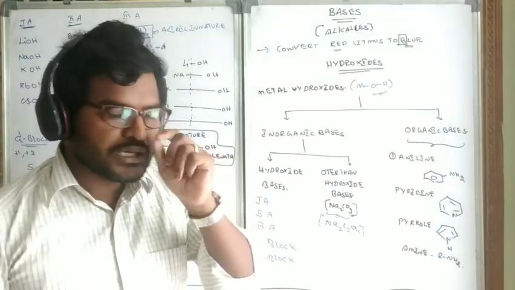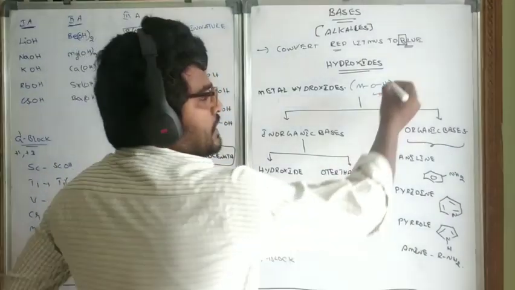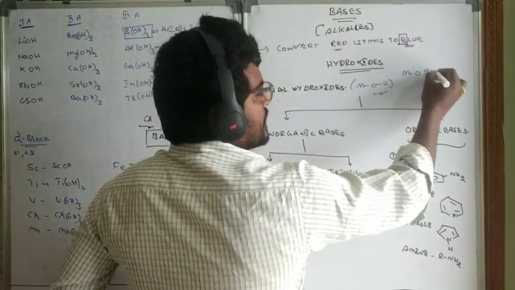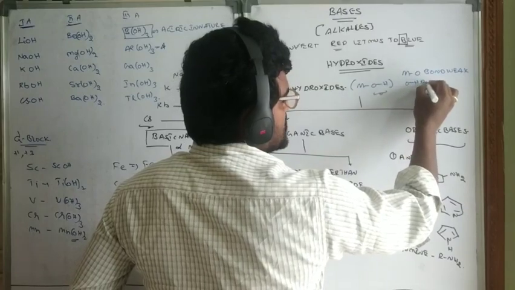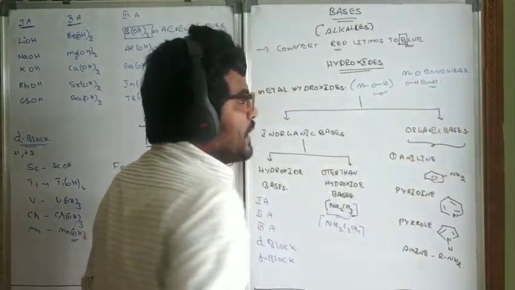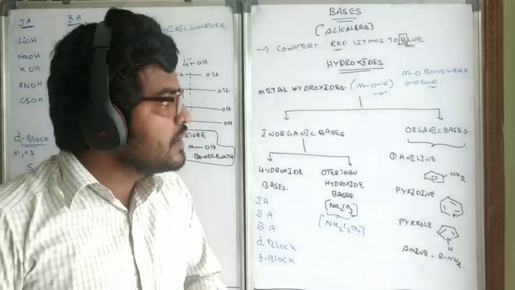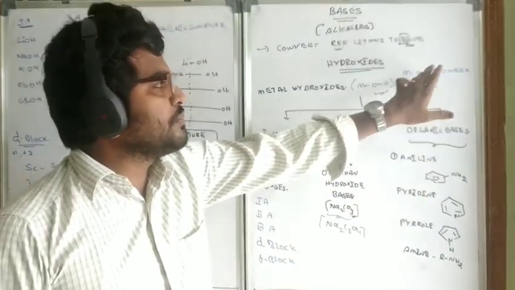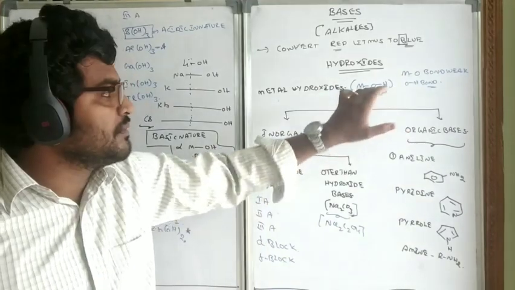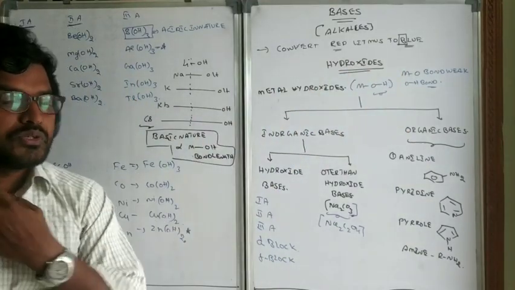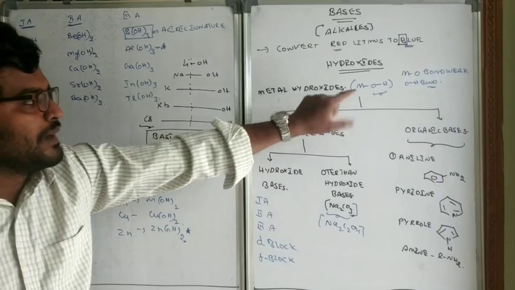But here you see, the MO bond is weaker than the OH bond. That's why first the metal-oxygen bond will be broken, and hence it will liberate the OH group. So that is the thing regarding metal hydroxides.